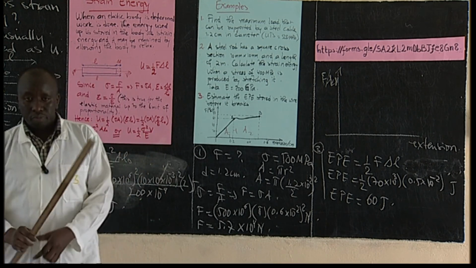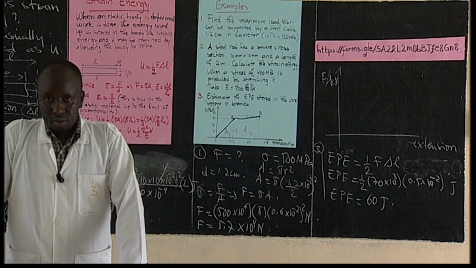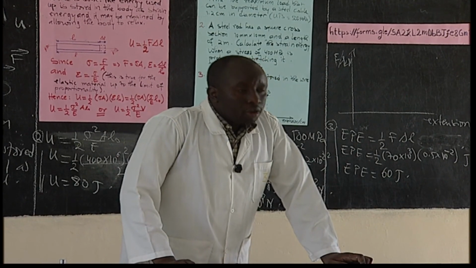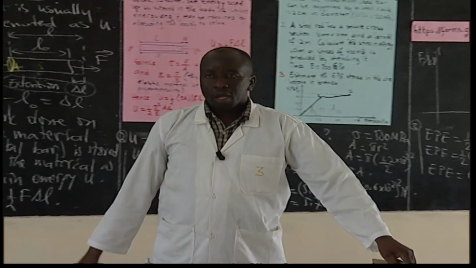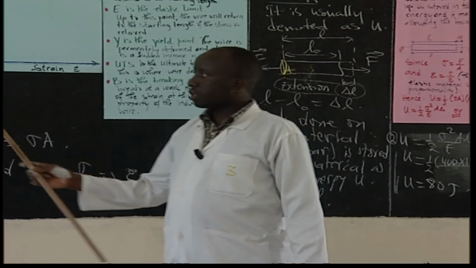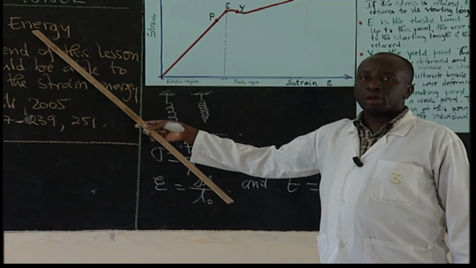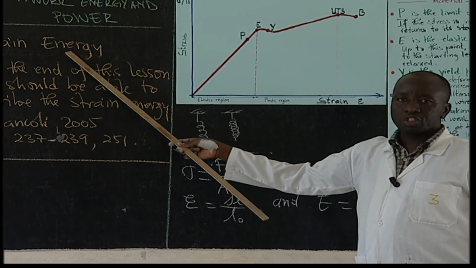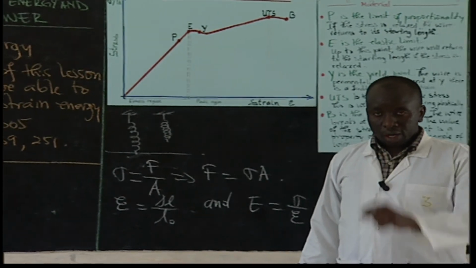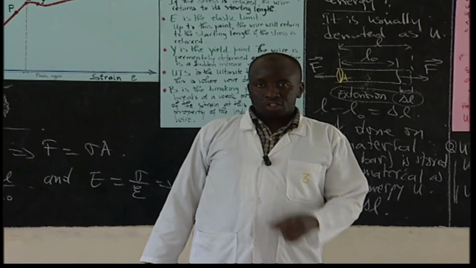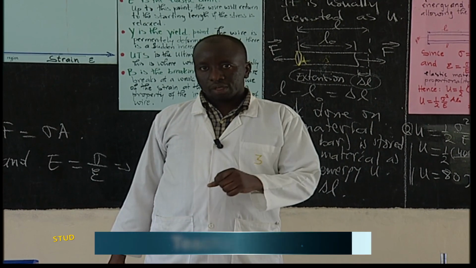Now, students, let's conclude. I hope that you all remember what we started by asking ourselves, whether we would be able to explain what strain energy is. Now you are able to explain what strain energy is and even to calculate it.